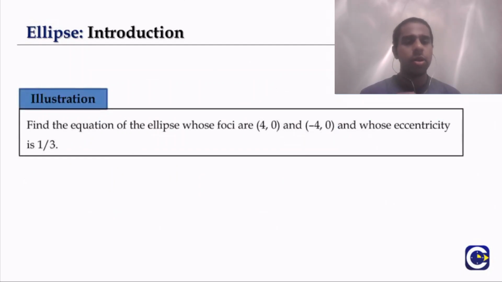Now we will look into the question. Find the equation of the ellipse whose foci are (4, 0) and (-4, 0), and whose eccentricity is 1 by 3. We know the standard form of the equation for ellipses.